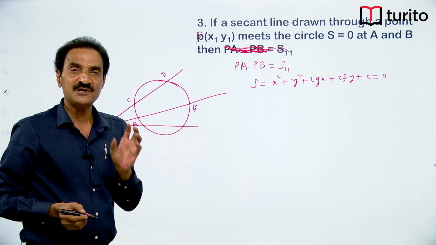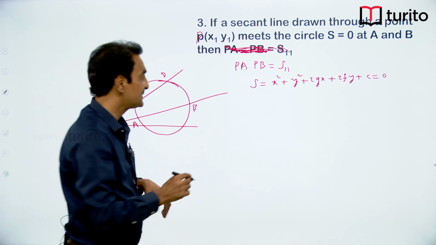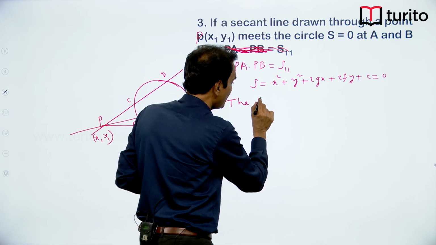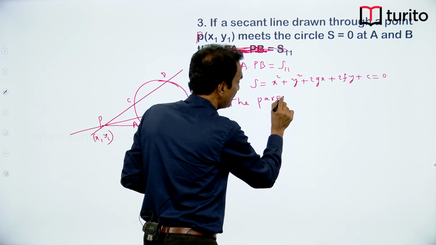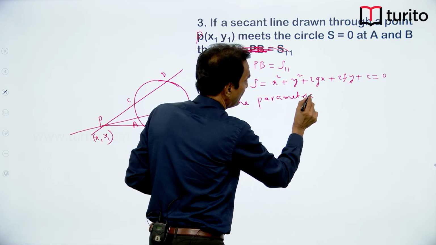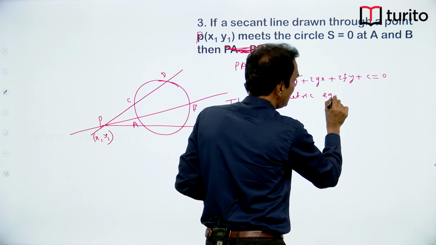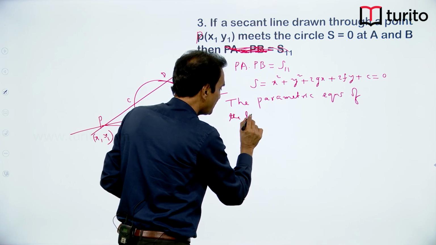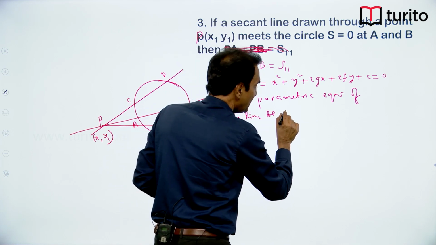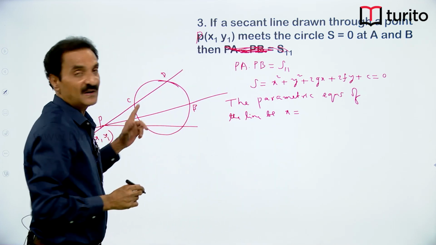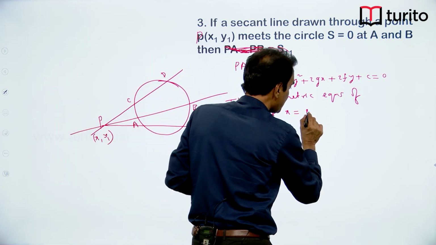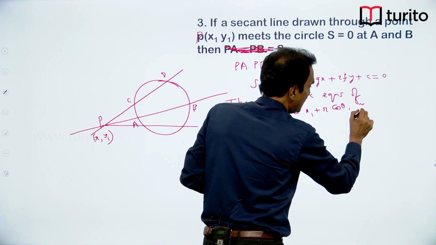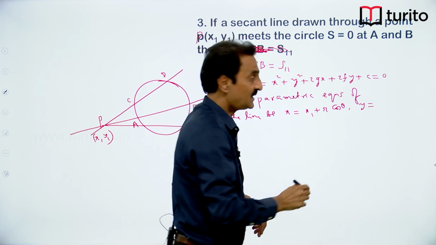Then the equation of the line can be parametrically expressed as: the parametric equations of the line are x is equal to x1 plus r cos theta, y is equal to y1 plus r sin theta.